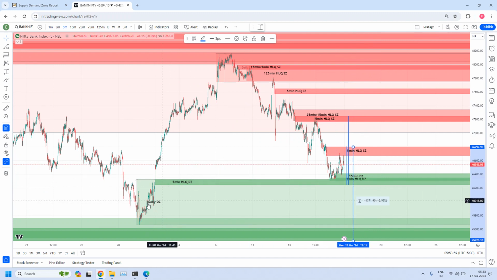At present, inside the daily demand zone we didn't find any high liquidity zones. There are higher chances that institutions may create new high liquidity zones inside this area. That possibility is also there. We cannot rule out any of these possibilities. But from the range point of view, the price movement we can see during this week is from here to here.